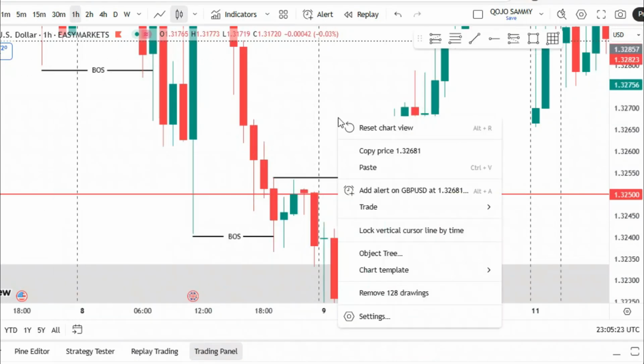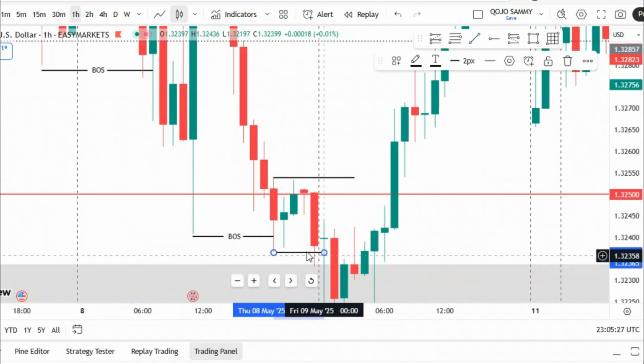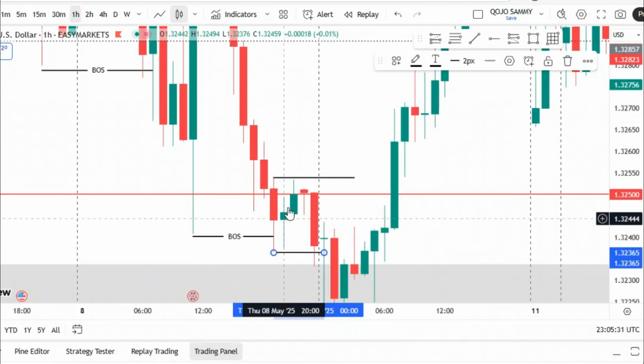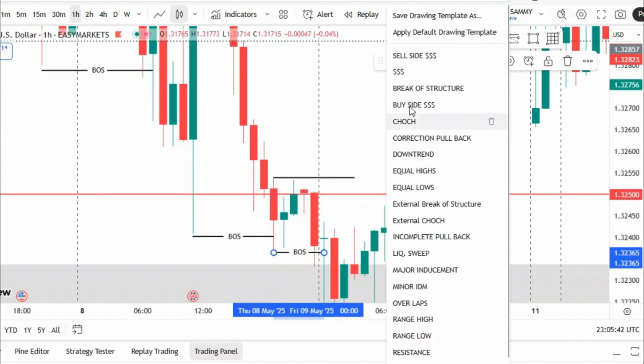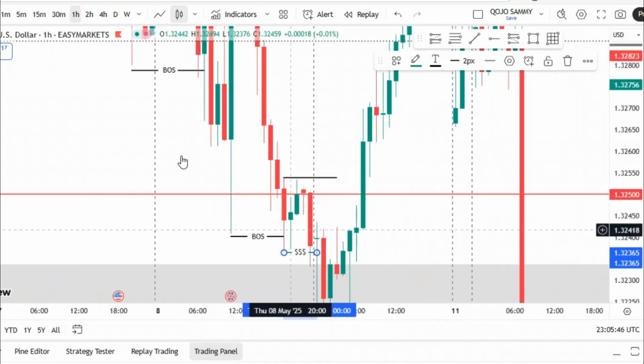It closed below this, creating some form of break of structure, because price turned out to move here to test this candle high, but it didn't present a very good pullback. So it's an incomplete pullback that will serve as liquidity. So we have our break of structure, we have another break of structure.